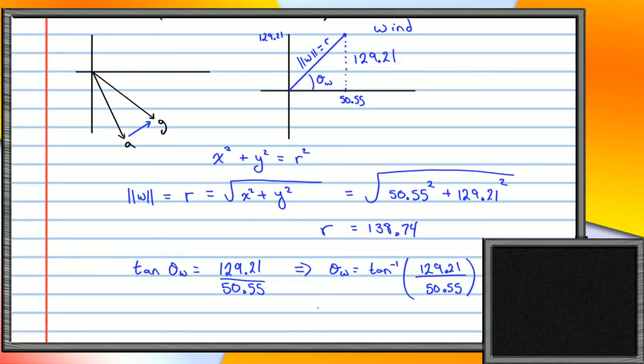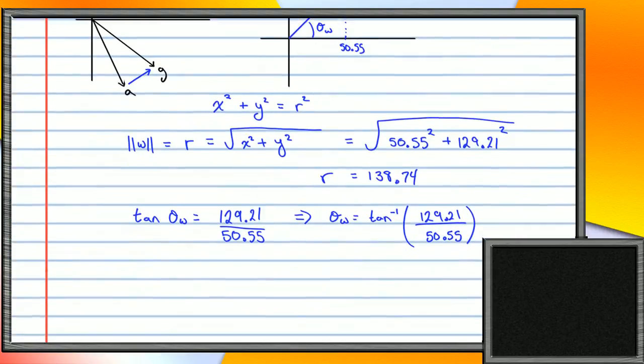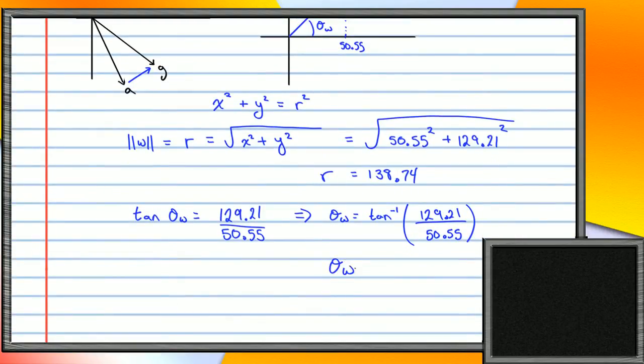Okay. So, how do you feel now? And for theta W, I got 68.63. That's word problems.